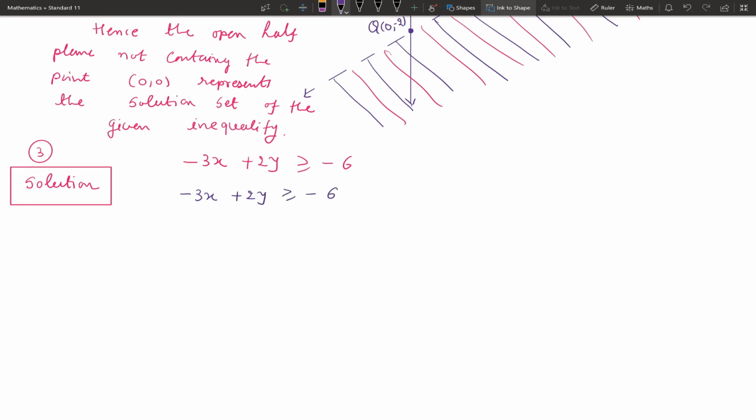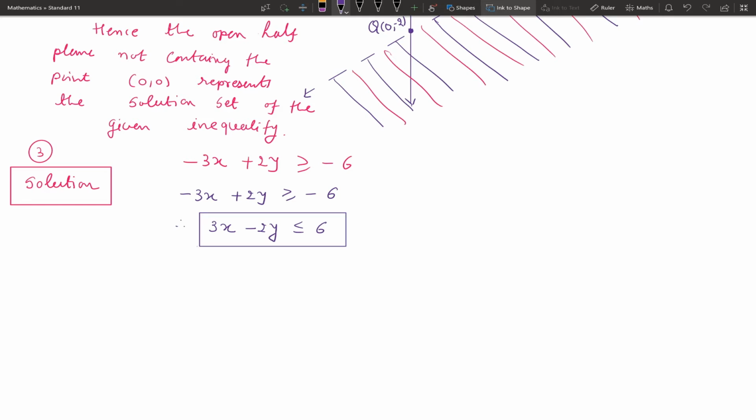Now if we multiply by a negative number, then the inequality will change. So the same can be written as 3x minus 2y less than or equal to 6. So it is the same.